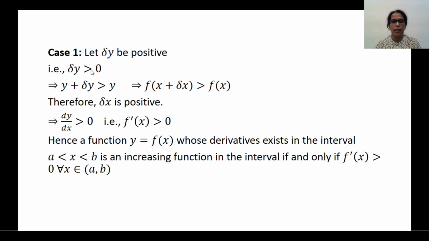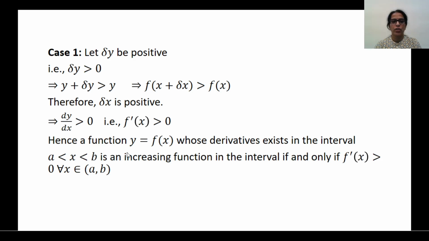That is delta y greater than 0, which implies y plus delta y greater than y, which in turn implies f of x plus delta x is greater than f of x. Therefore, delta x is positive, which implies dy by dx is positive, that is greater than 0. That means f dash of x is greater than 0.